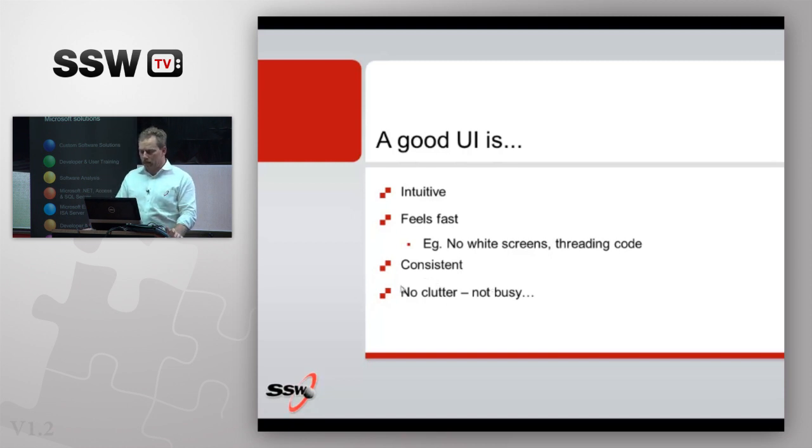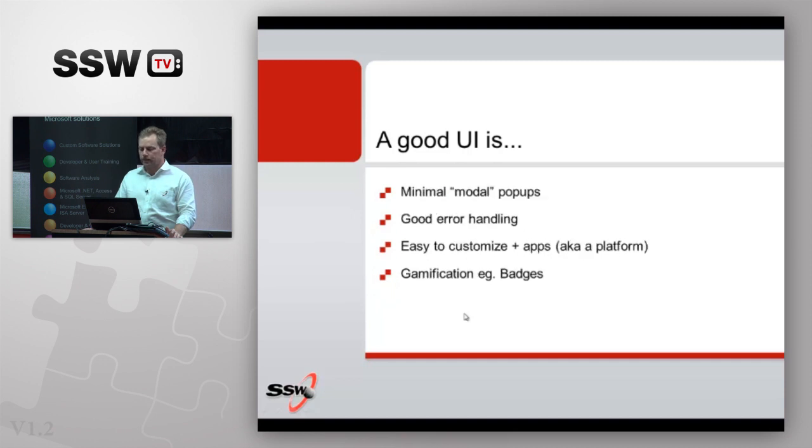Consistent, I'm a big fan of that, and no clutter, not busy. Other things, minimal modal pop-ups. Okay, do whatever you can to get rid of them all. Good error handling. It's interesting that Apple took the approach of just have the app disappear.